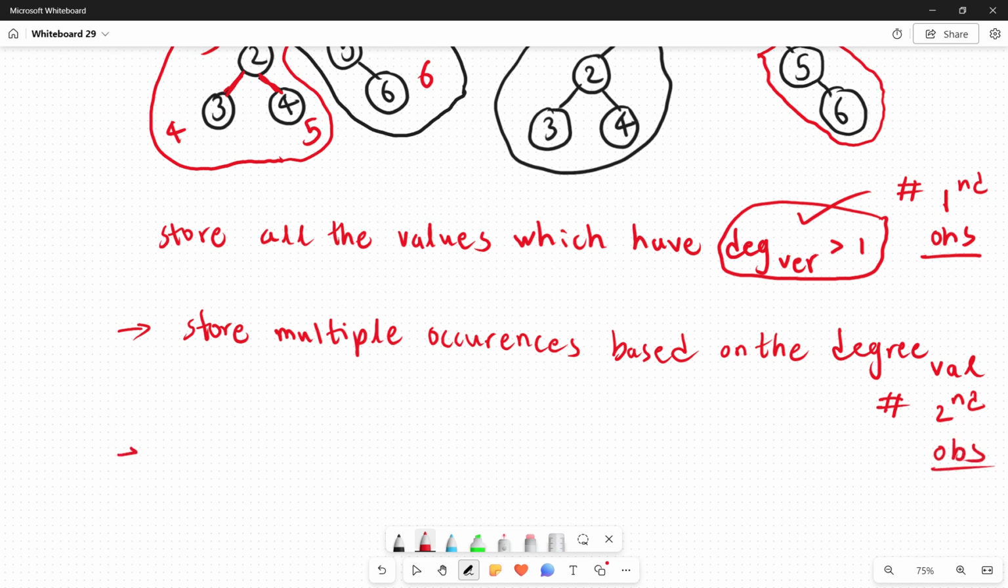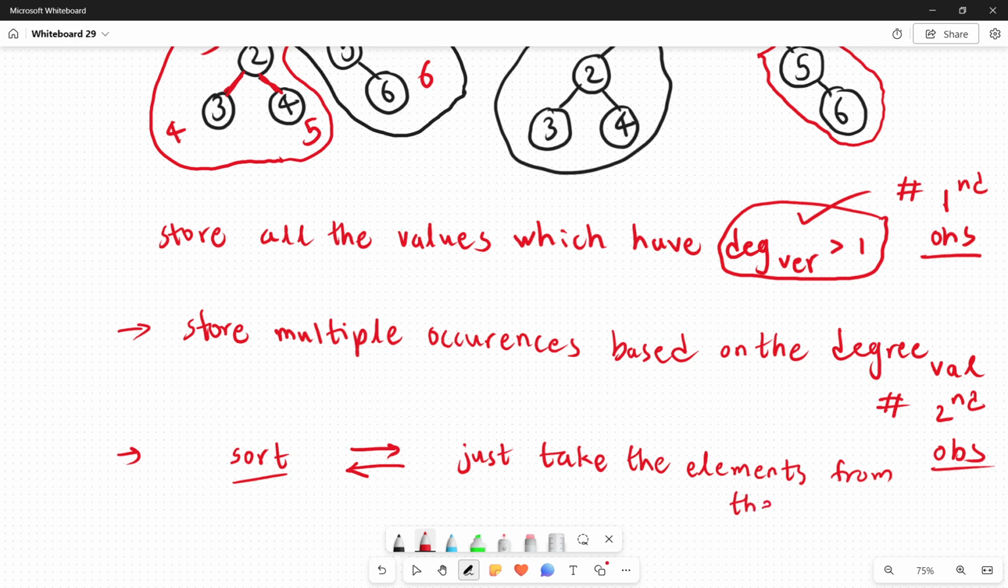And then finally we will sort that vector, reverse it, and just take the elements from the start to end, and keep adding them into your answer.